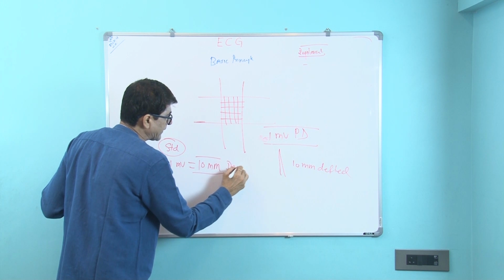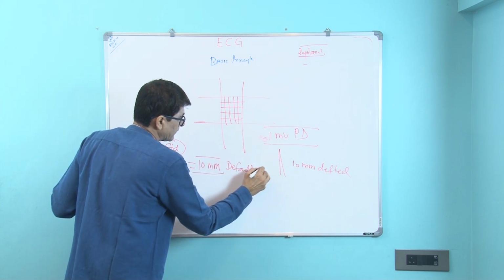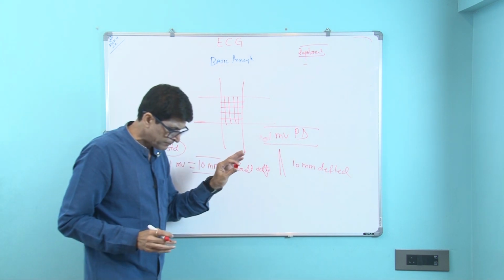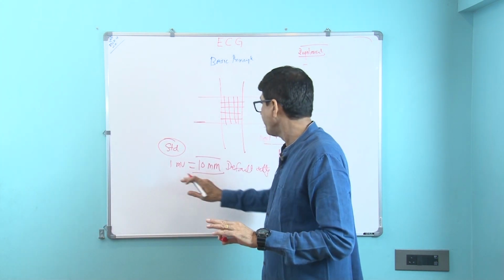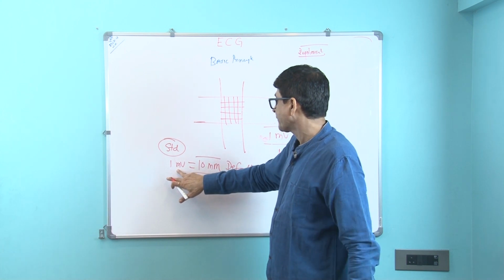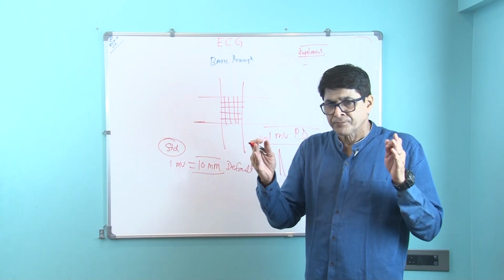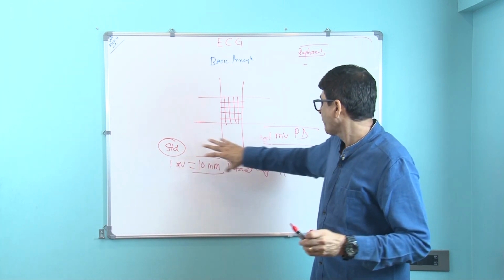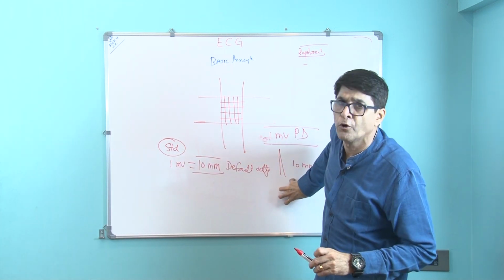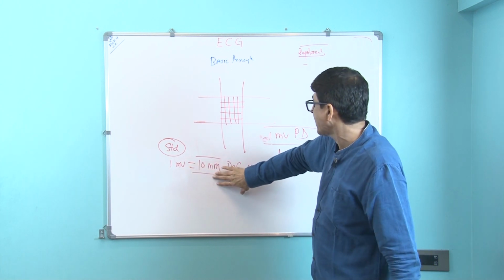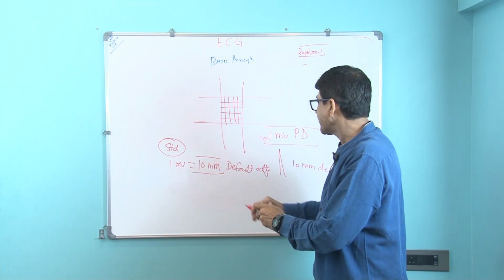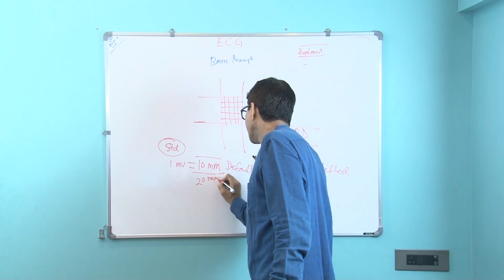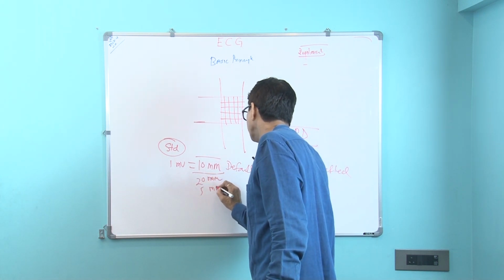This is the machine's default setting, but there are settings in the machines where you can change this. You can make it 20 also, I will tell you why, or you can make it 5 also.